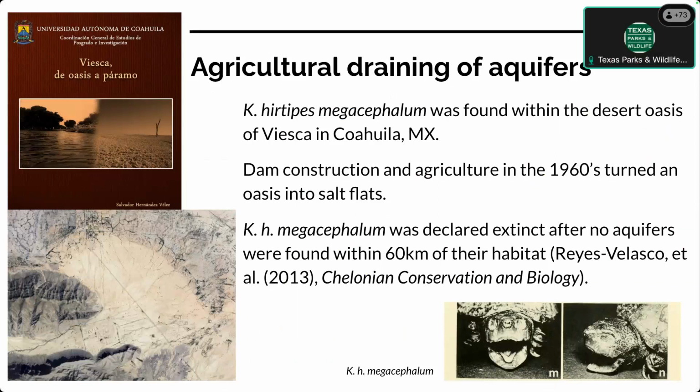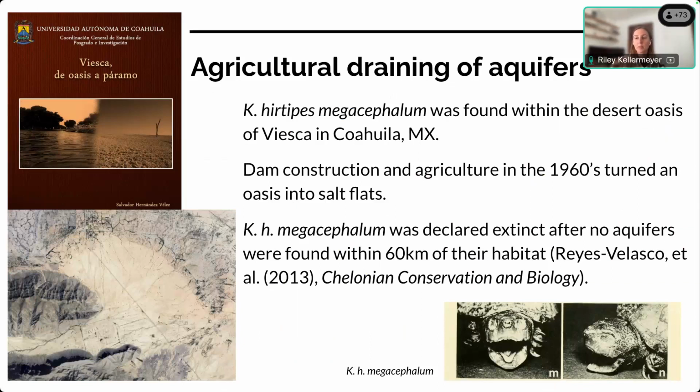Okay, another question. I didn't hear what you said about the protected status. Are these turtles listed as endangered? Currently, no. I think there's a couple of levels of conservation status. Globally, because they are one species, just Kinosternon hirtipes, they're listed as fine.